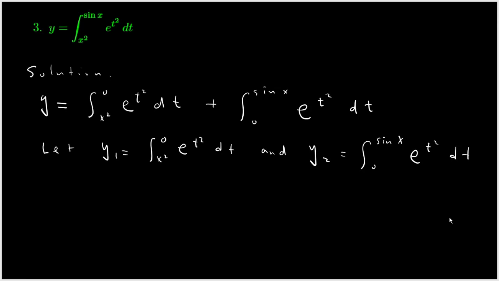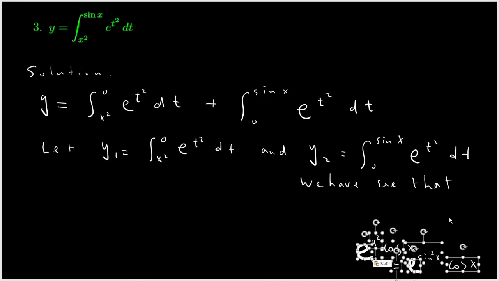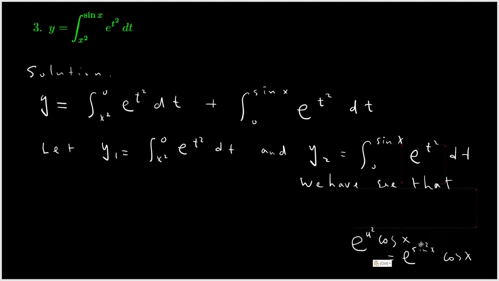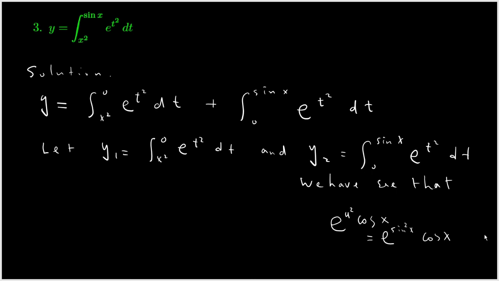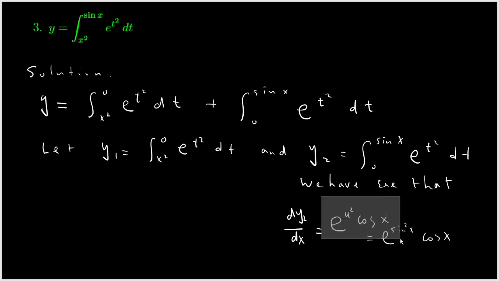We have seen that the derivative of y2 with respect to x is equal to e to the power of sine of x squared, and then times cos of x.